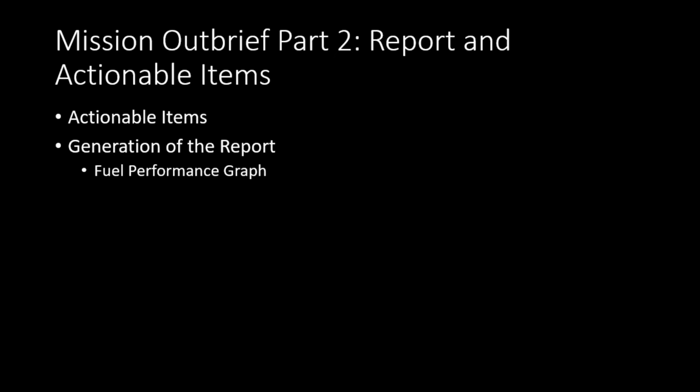We're also going to put together a fuel performance graph, which is the one time where we include the amount we've planned and the amount that we could have used together with the fuel that we did use. So all three come together, and we get a snapshot of exactly how the mission progressed.